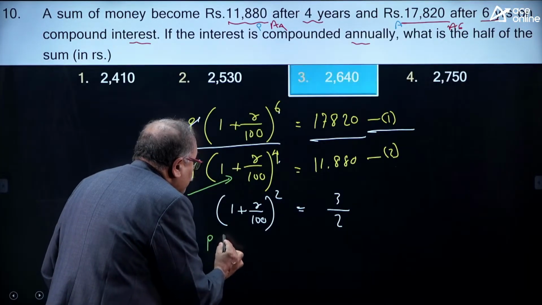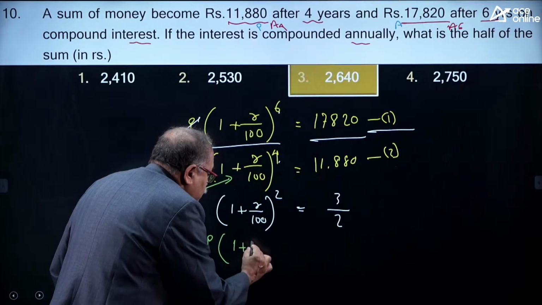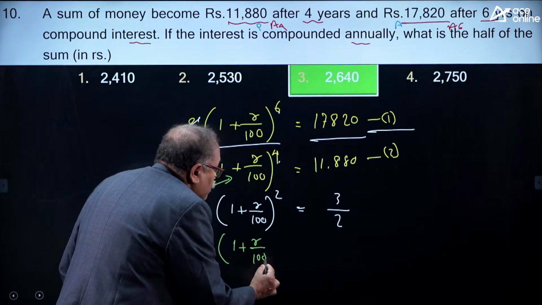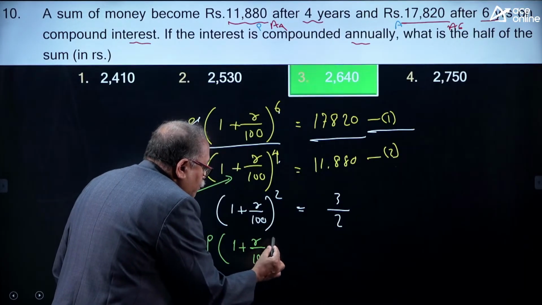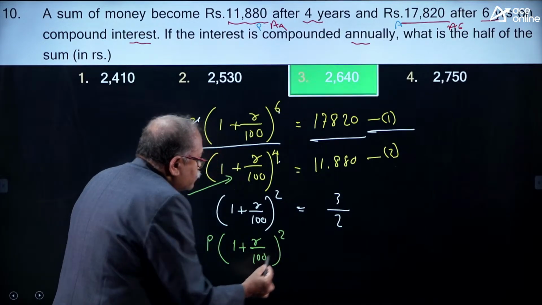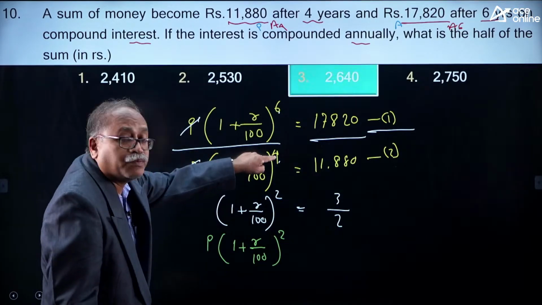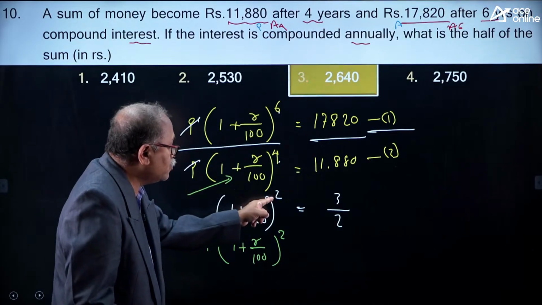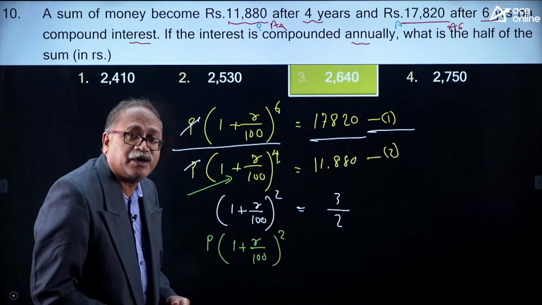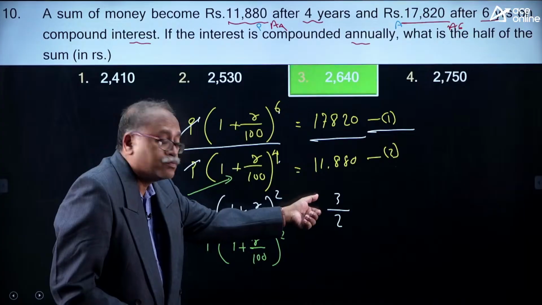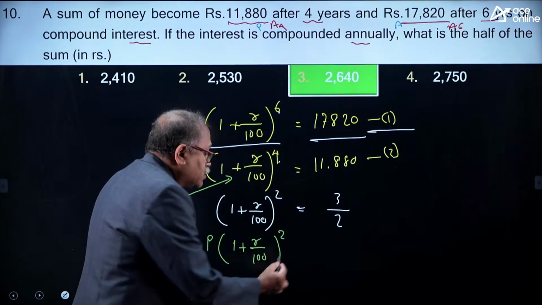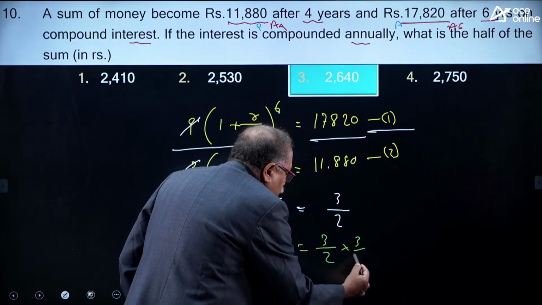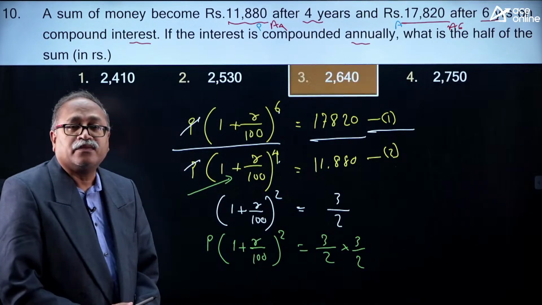This is P into 1 plus r by 100 to the whole power 2. This whole power 2 to the power 2, right. And whole to the power 2 is nothing but 3 by 2, whole power 2. When I replace over here, this will come 3 by 2 into 3 by 2, 2 times.